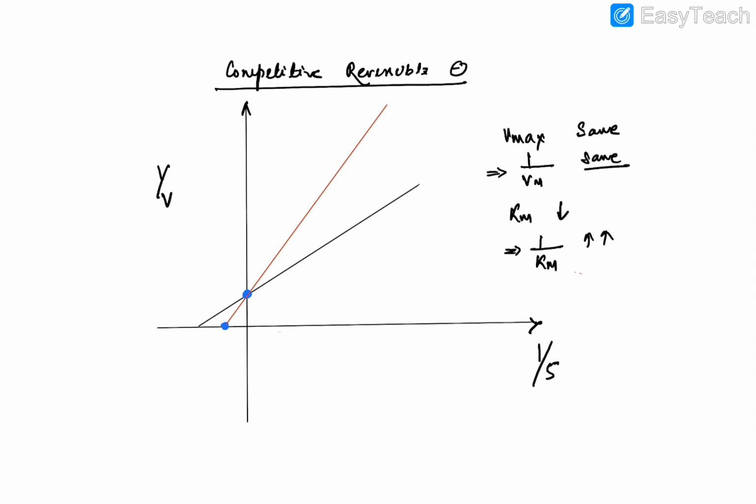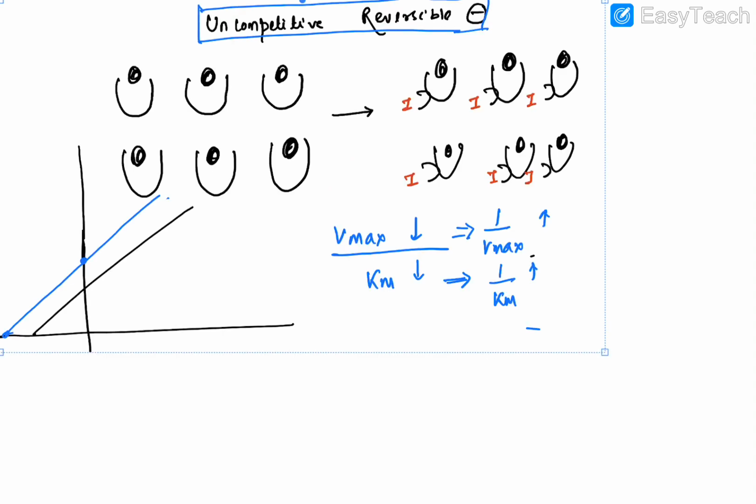Now let us discuss the second type of reversible inhibitor, which is the uncompetitive inhibitor. To understand this, just look at this particular slide. See, we have enzymes and we have substrates.